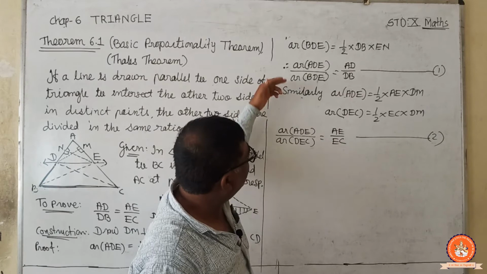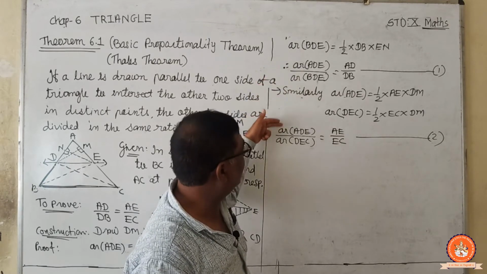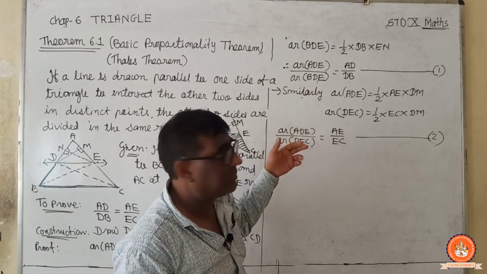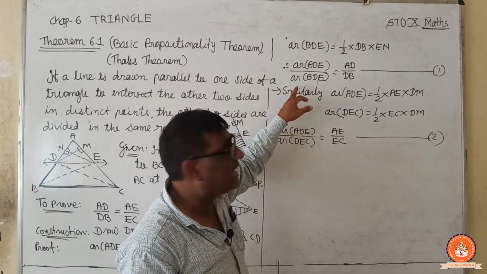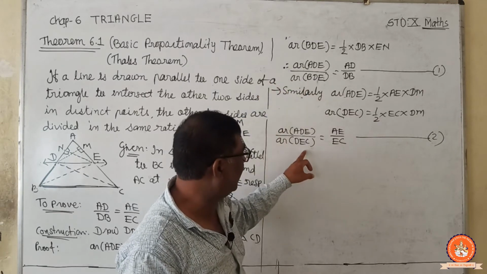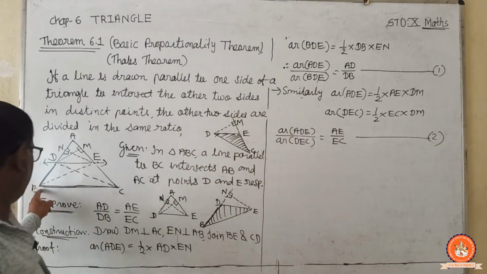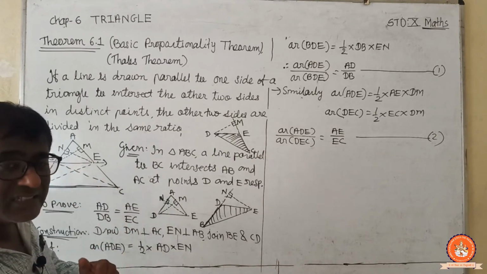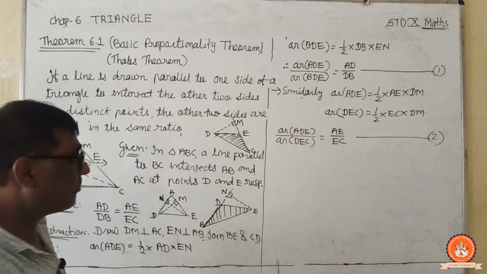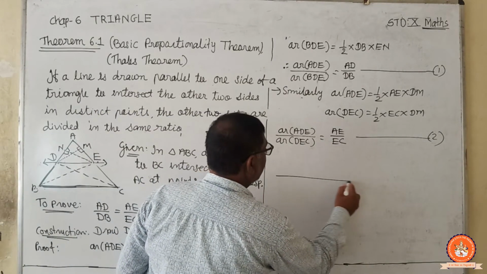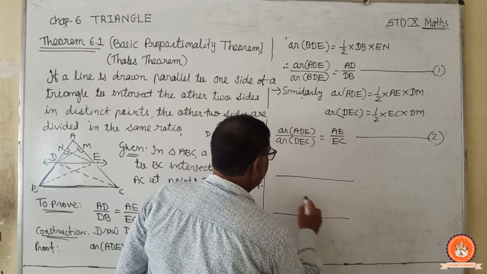Now think, the numerators of both the results, area of ADE, are the same. But the only difference is the denominator: area of BDE and area of DEC. That is our target, to be proven the same. Now my friend, look at it.